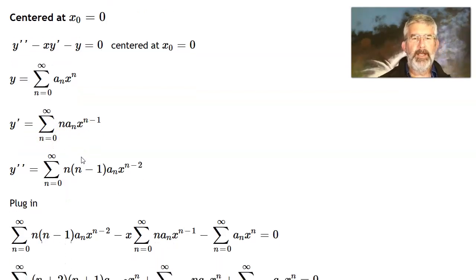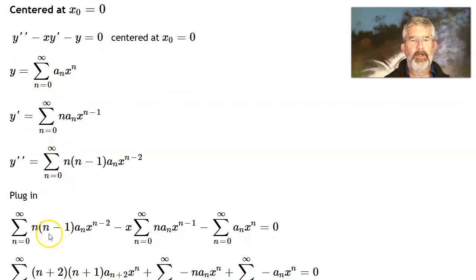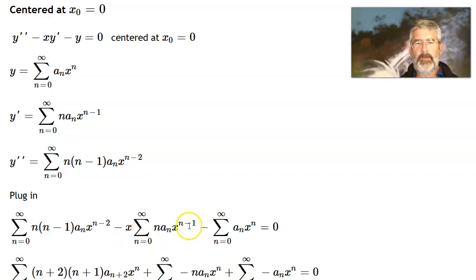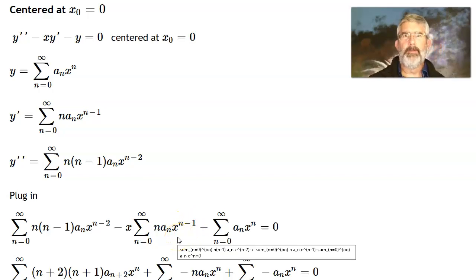So when I plug these into the differential equation, the second derivative minus x times the first derivative minus the function equals 0, this x distributes in really nicely, and x times x to the n minus 1 is just going to be x to the n. It bumps the power back up to n.